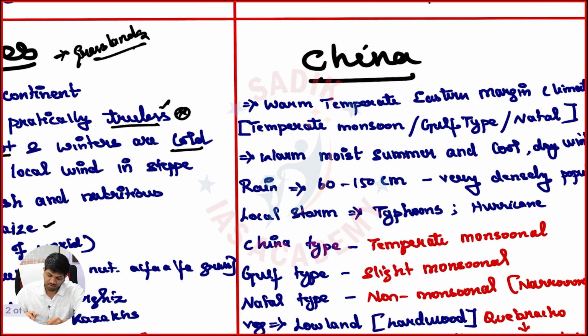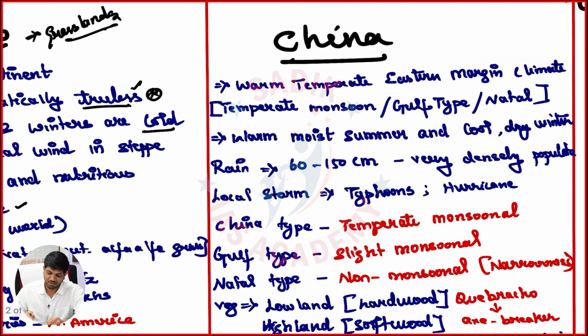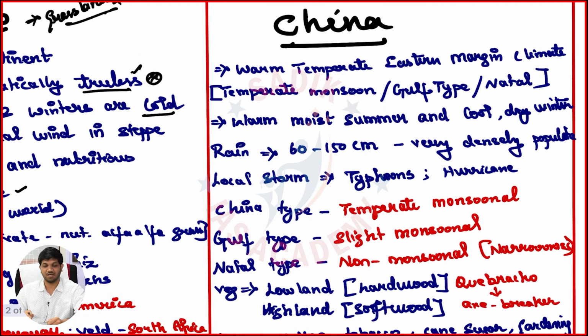And to the right of these steppes, it is nothing but the China type climate. China type climate varies across the hemispheres. Okay, in China it is also called the temperate monsoon climate, and in the Gulf region it is called the Gulf type, and in the North American region it is called the Natal climate.